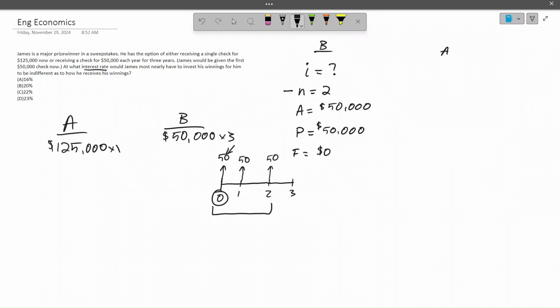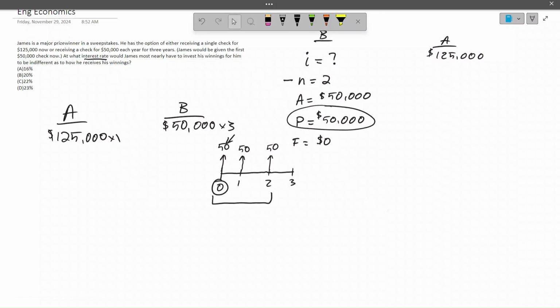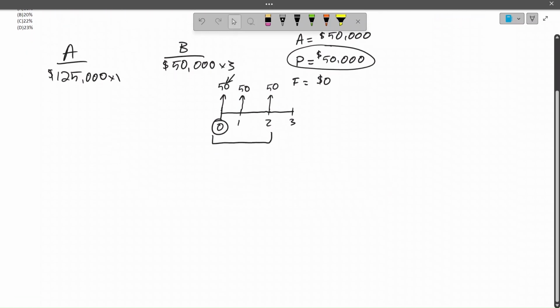For option A, we just know that it's going to be $125,000 just as a lump sum just initially. So right here we can see that the initial value is $50,000, but we want to find what the whole payment plan, in this case of $50,000, what everything is going to be worth at the present value, because this is going to be in 2 years.